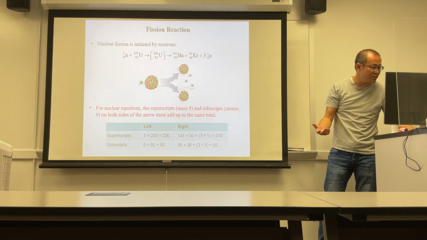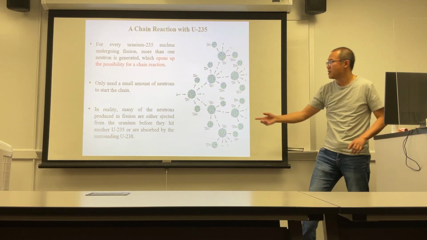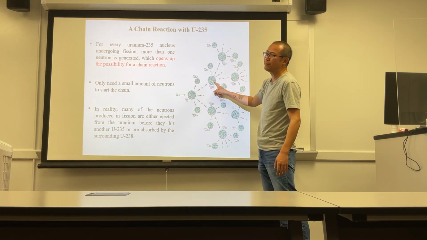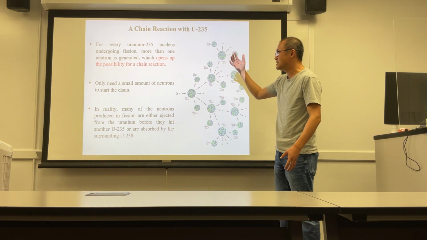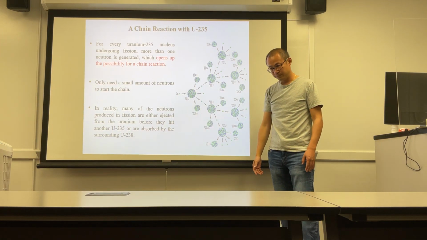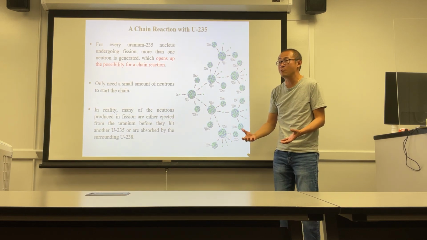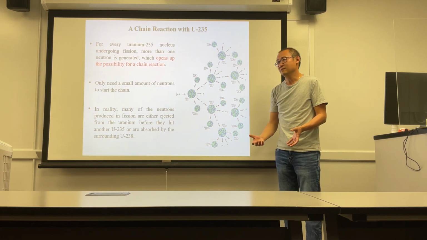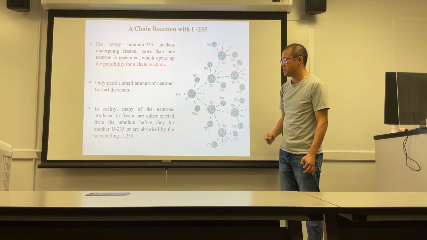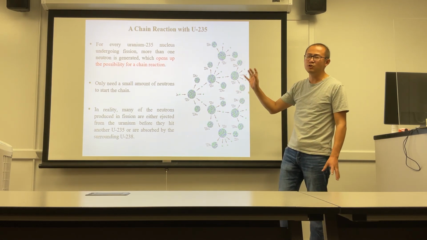So that means once you have some neutrons generated, the neutrons normally cannot hit another uranium-235, but instead are actually absorbed by what? By a 238. Why? Because there are too many 238s around it, right? Uranium-235 is just too little. So in reality, you don't even see a chain reaction.